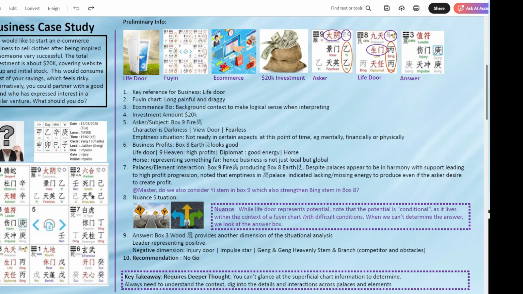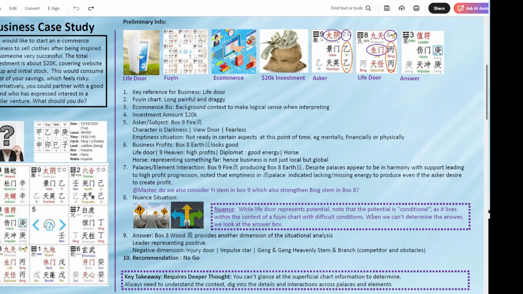So this Live Door looks very good, sitting within a full chart, but the full chart may have difficult conditions. So we really cannot determine whether it's a go or no go. Although most likely it's a no go, we still cannot confirm it.